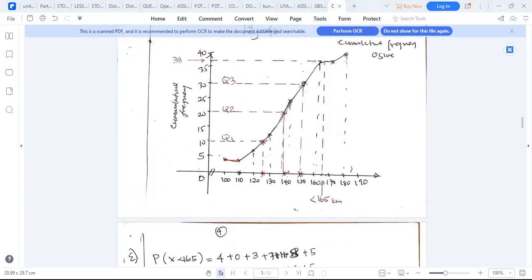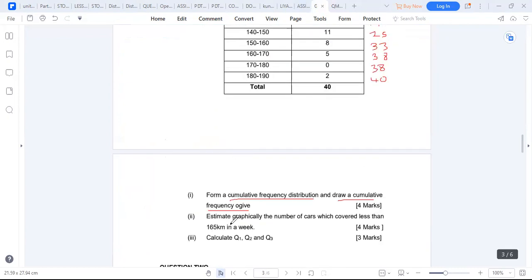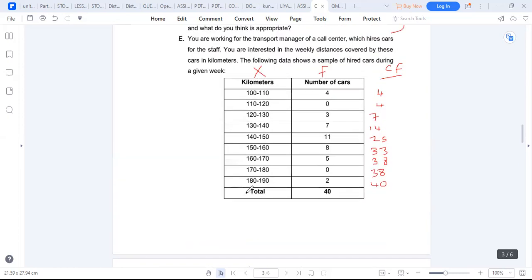All right. That being said, the question further asks for us to estimate graphically the number of cars that covered less than 165 kilometers in a week. Before I proceed, are there any questions? Is there anyone behind so far? Are we together?